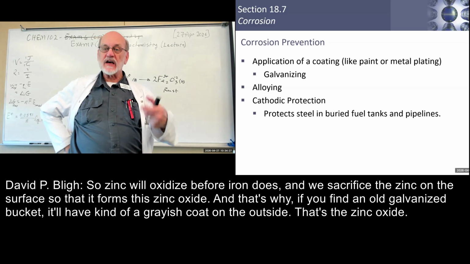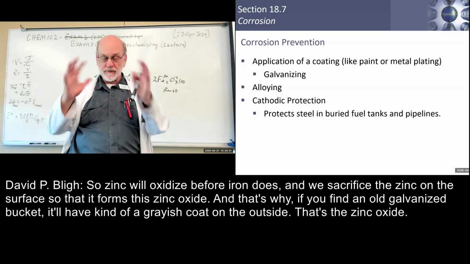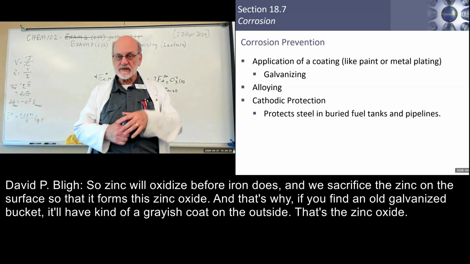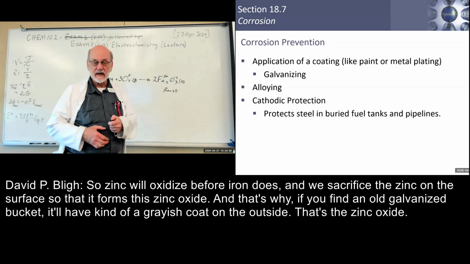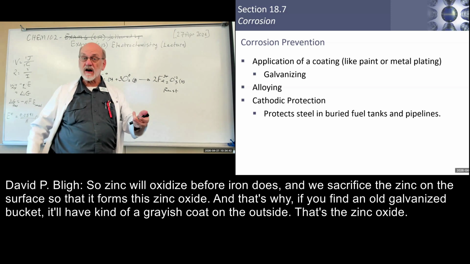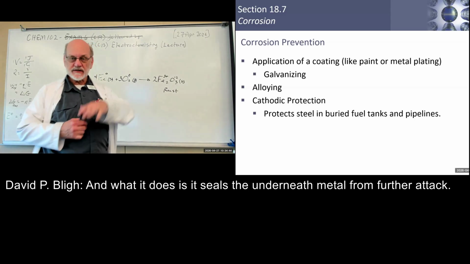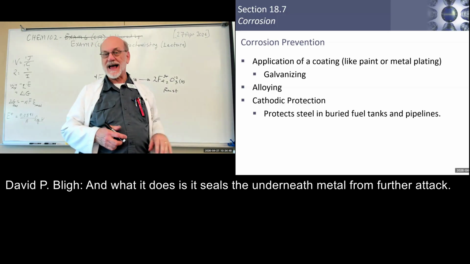So zinc will oxidize before iron does. And we sacrifice the zinc on the surface so that it forms this zinc oxide. And that's why if you find an old galvanized bucket, it'll have kind of a grayish coat on the outside. That's the zinc oxide. And what it does is it seals the underneath metal from further attack.